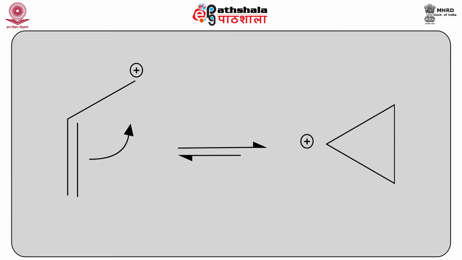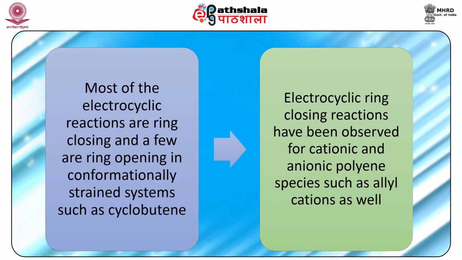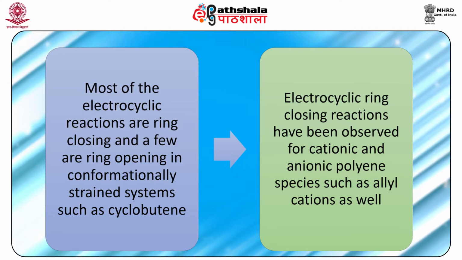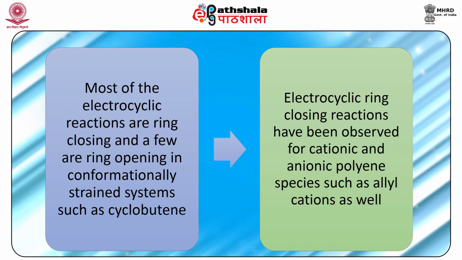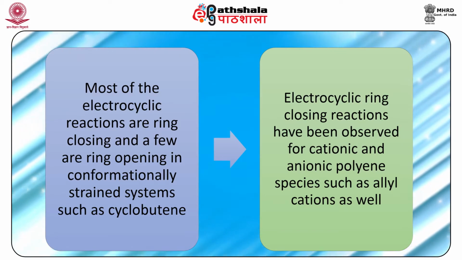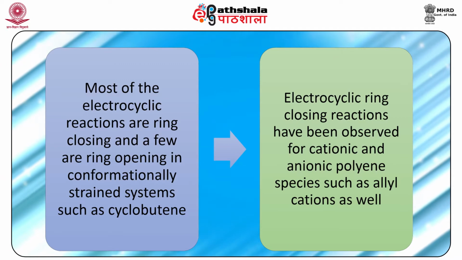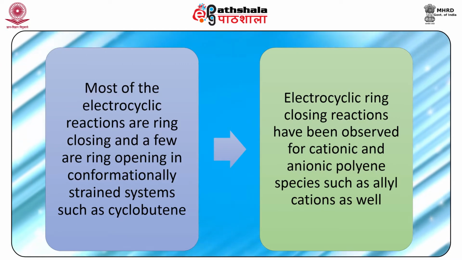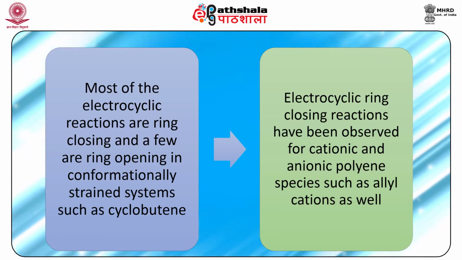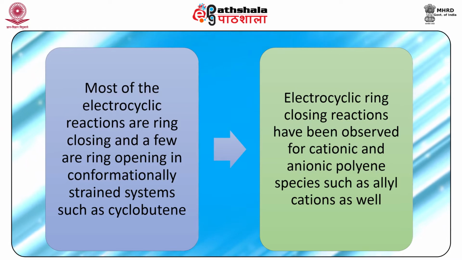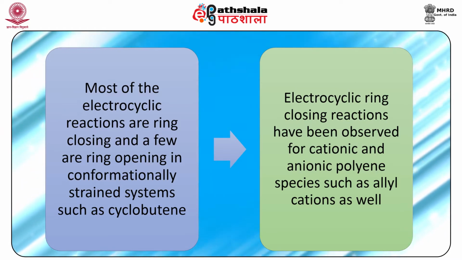The third reaction again shows a three-membered ring formation. Most of the electrocyclic reactions are ring closing and a few are ring opening in conformationally strained systems such as cyclobutene. Electrocyclic ring closing reactions have been observed for cationic and anionic polyene species such as allyl cations as well.